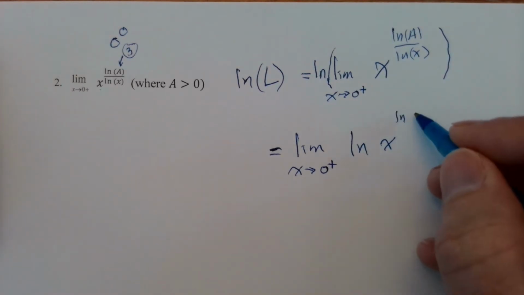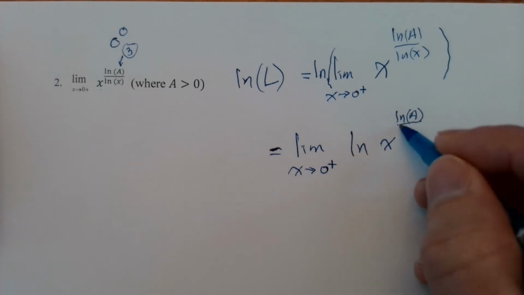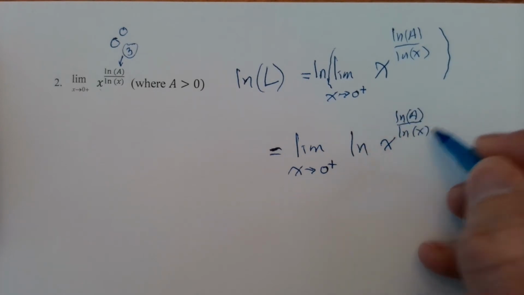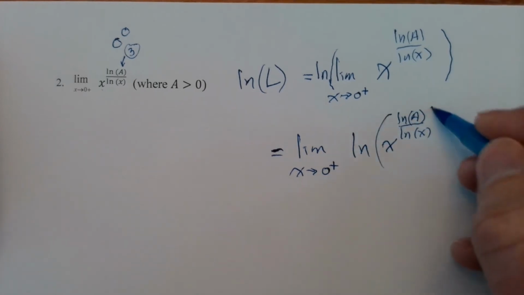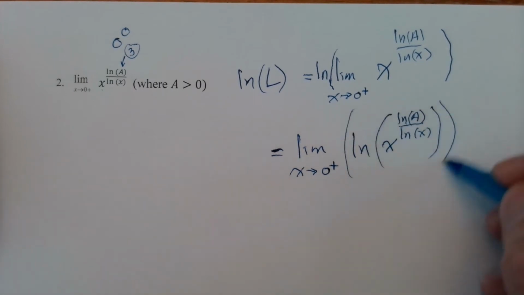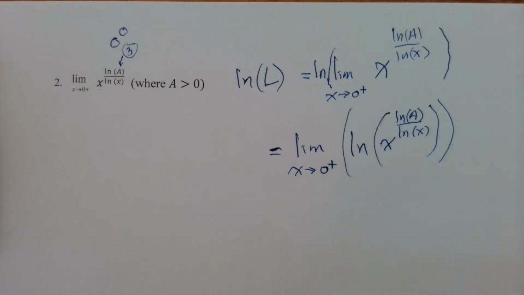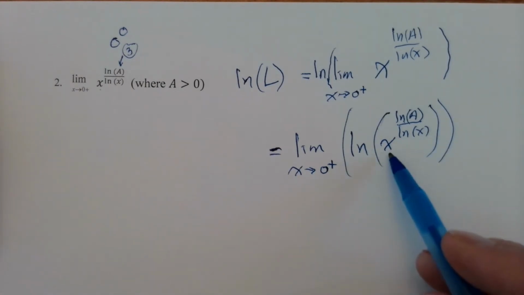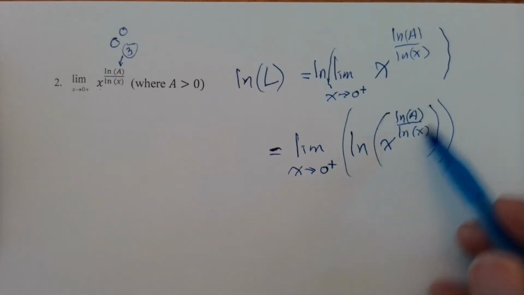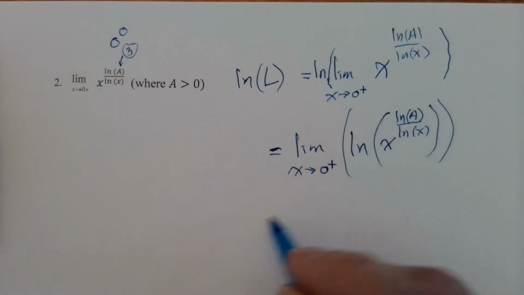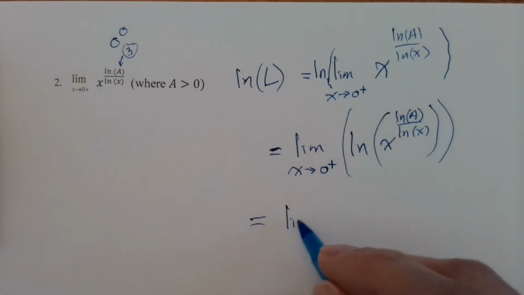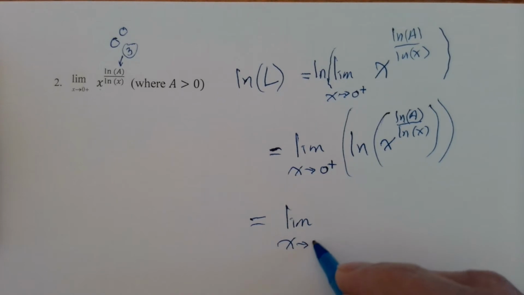So this is natural log of x raised to the natural log of a over natural log of x power. And similar to the previous problem, I'm going to use the property where when you take the natural log of a power, you can just take the natural log of the base and then use the exponent as a multiplier of the log. Very, very important log property.